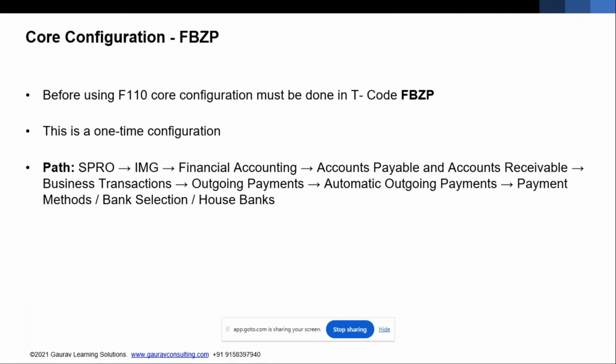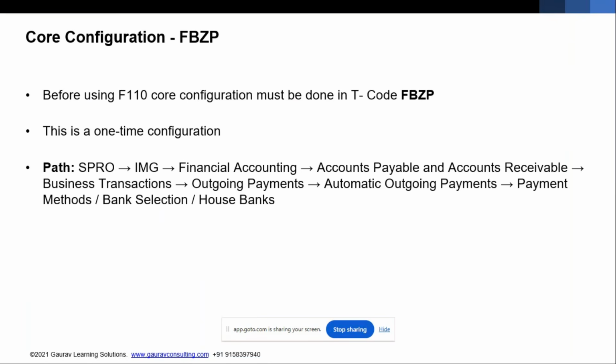So in SAP, before we do anything, we have to do configurations. We know there's configuration, there's master data, and also there's transactional data. Before we use F110, which we said we use in easy access, configuration must be done in T code FBZP. This is a one-time configuration. We don't need to keep doing it. This is the path that we follow: we go to SPRO, IMG, financial accounting.